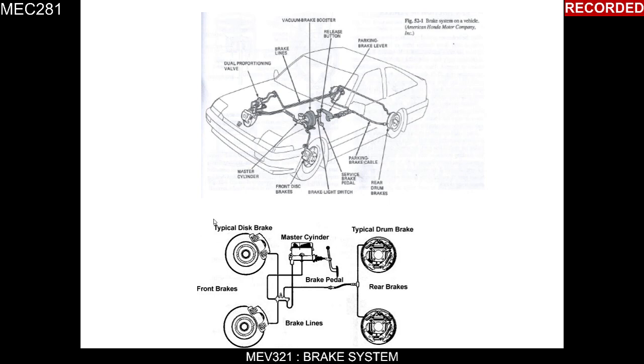Okay, so the easier diagram here shows the typical drum brake, and we use the drum brake for the rear brake, while for the front brake we have the disc brake. So for this car, we have disc brakes in the front and drum brakes at the rear wheels. And then we have the master cylinder. This is like the heart of our brake system, composed of many components such as the pistons, pump, and so on.